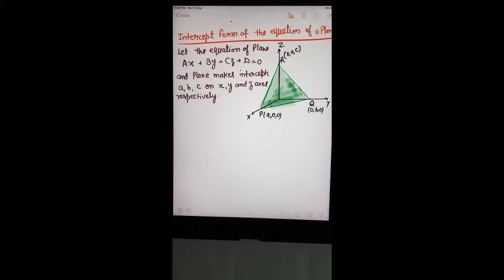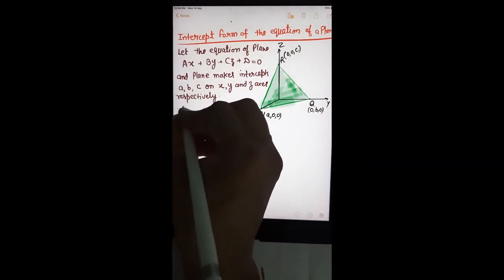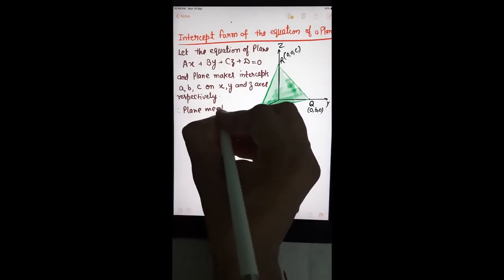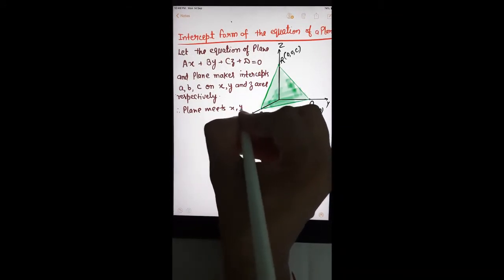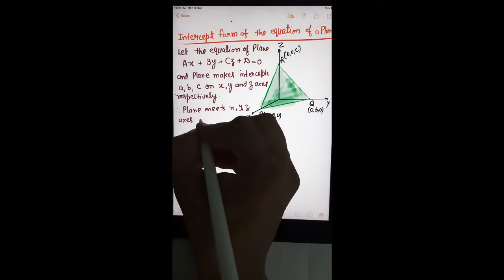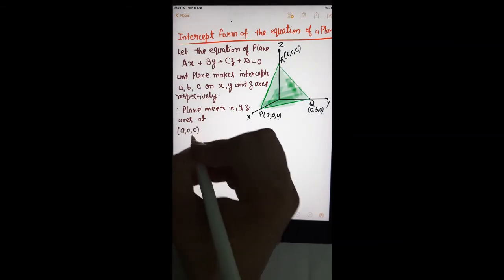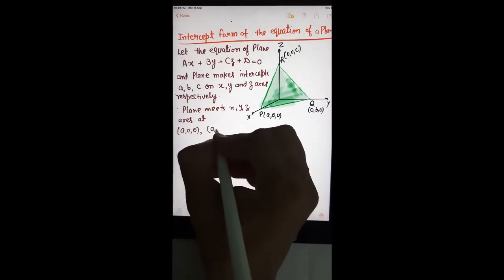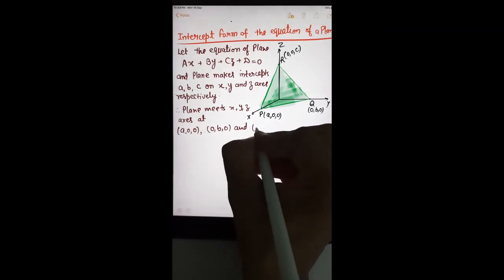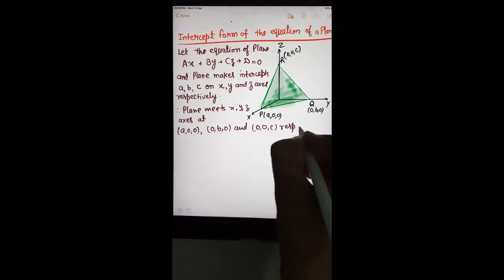It means the plane meets the x, y and z axis at the points a, 0, 0, 0, b, 0 and 0, 0, c respectively.